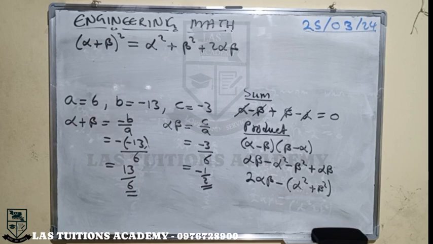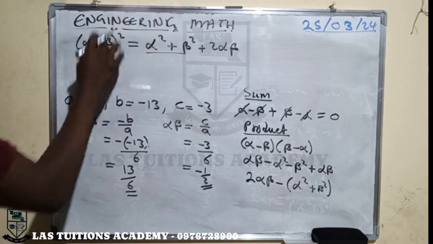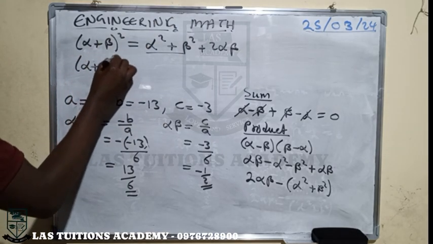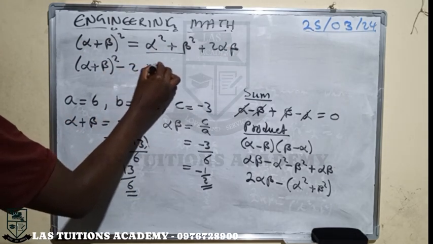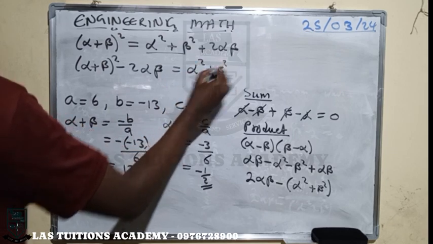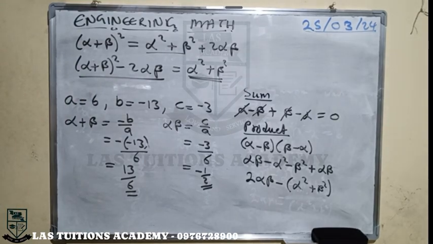So now, since we want to find the expression for alpha squared plus beta squared, you can take the 2 alpha beta to the other side. So I'm going to have alpha plus beta squared minus 2 alpha beta is equal to alpha squared plus beta squared. Meaning where there is alpha squared plus beta squared, we can replace it with that, and we have no problem.